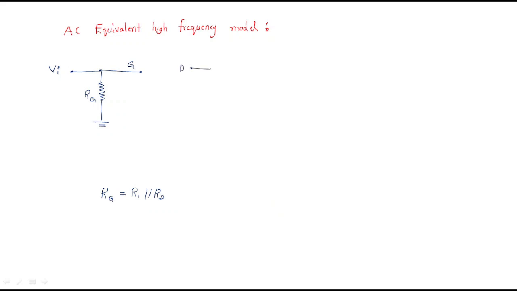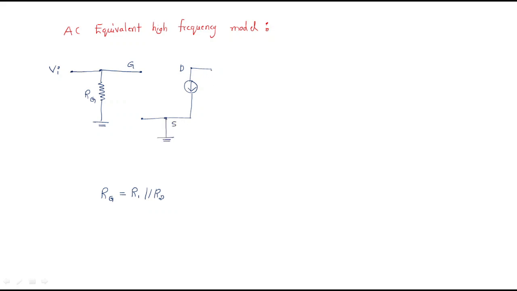This is the drain point, and this is connected to the source. The source is the point that is connected to ground.